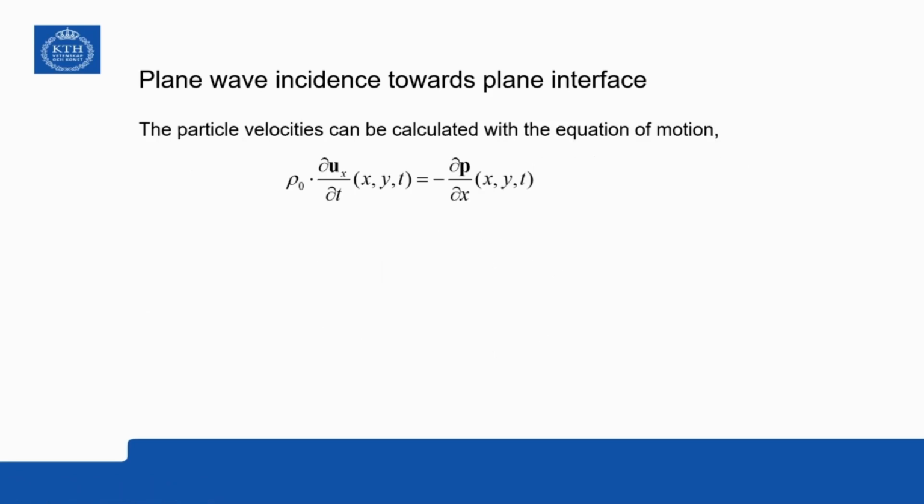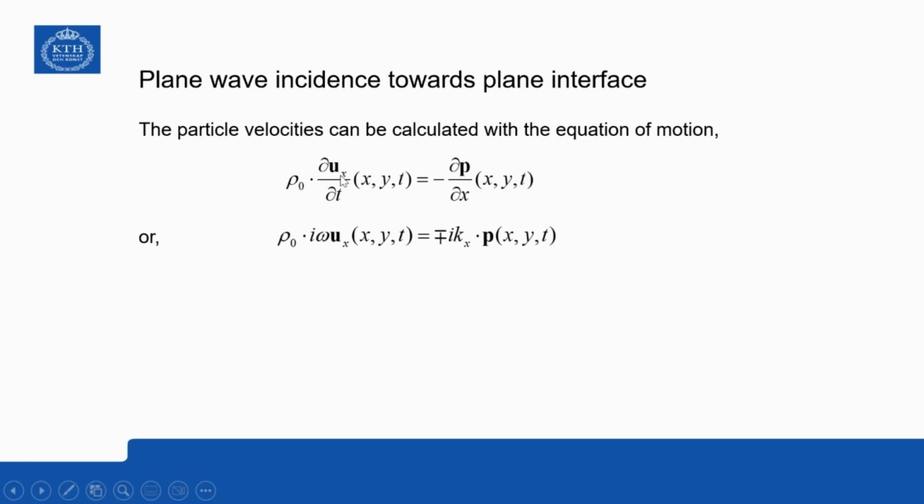This first boundary condition, where the particle velocities immediately in front of and immediately behind the interface should be equal, we can express with the equation of motion. You remember this equation of motion. If we take the partial x derivative of the sound pressure fields, and time integrate to remove this time derivative here, then we can find the particle velocities.